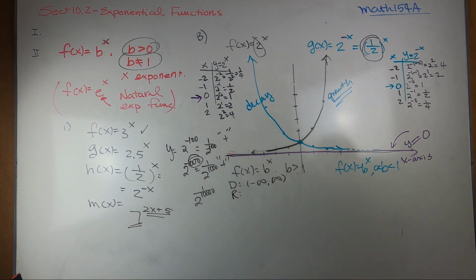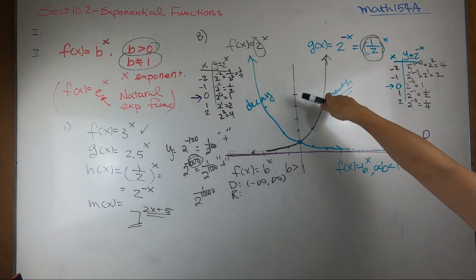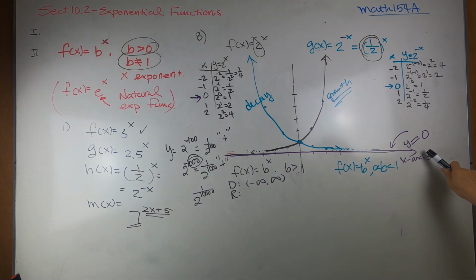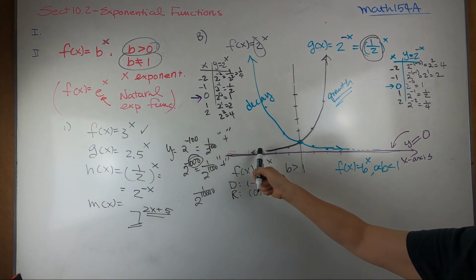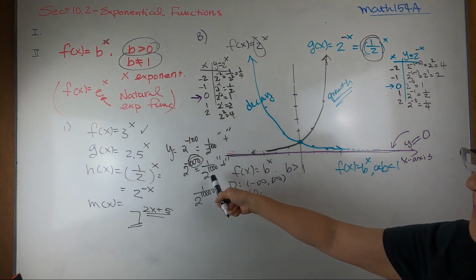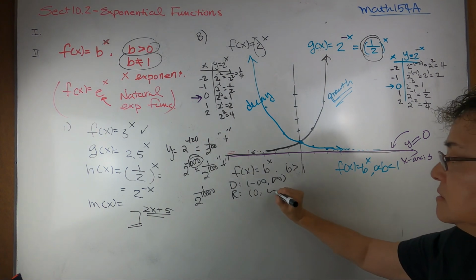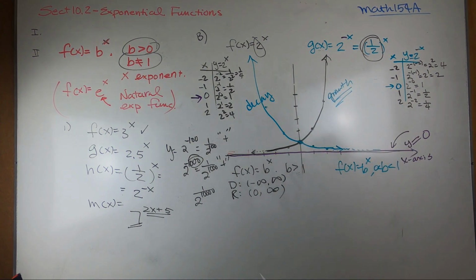What happened to the range? See, what's your y? How far can you go up and down? It's stopped by this line, right? So the range can never be 0. 1 over some numbers is always positive, okay? So 0 to infinity. That's your y.